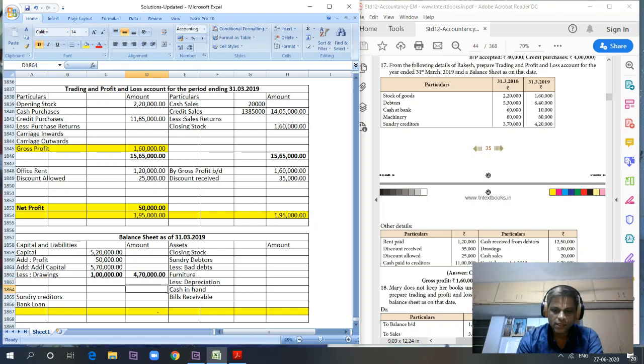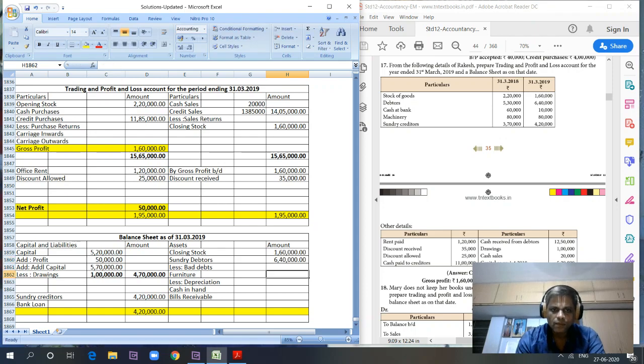Sundry creditors end balance is equal to 4,20,000. Then we have assets. Closing stock is equal to 1,60,000. Sundry debtors closing balance is equal to 6,40,000. Then bad debts, no bad debts.